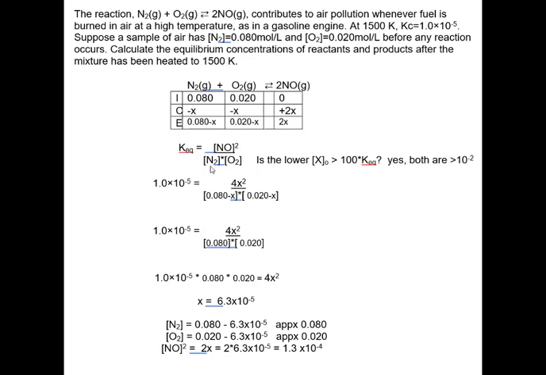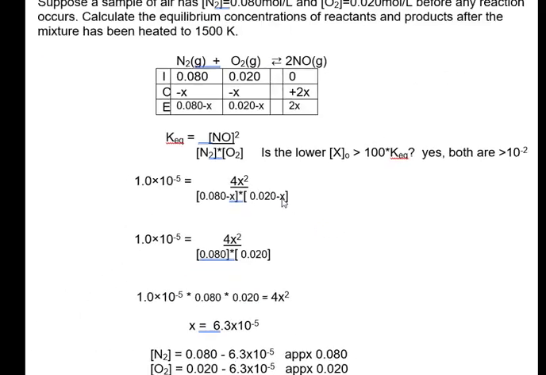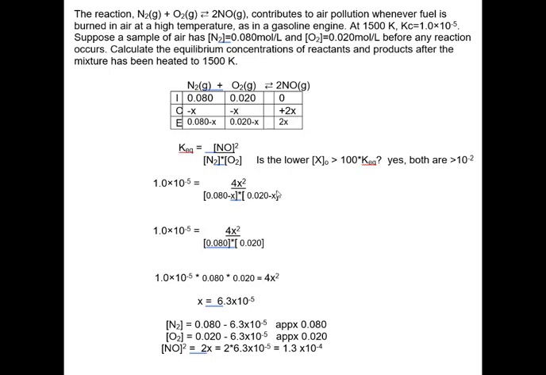And we plug these terms into the equilibrium constant expression, and it looks pretty daunting because we have a minus x in both of the terms in the denominator. And we ask that question, is the initial concentration, in this case of both reactants, greater than 100 times the equilibrium constant?